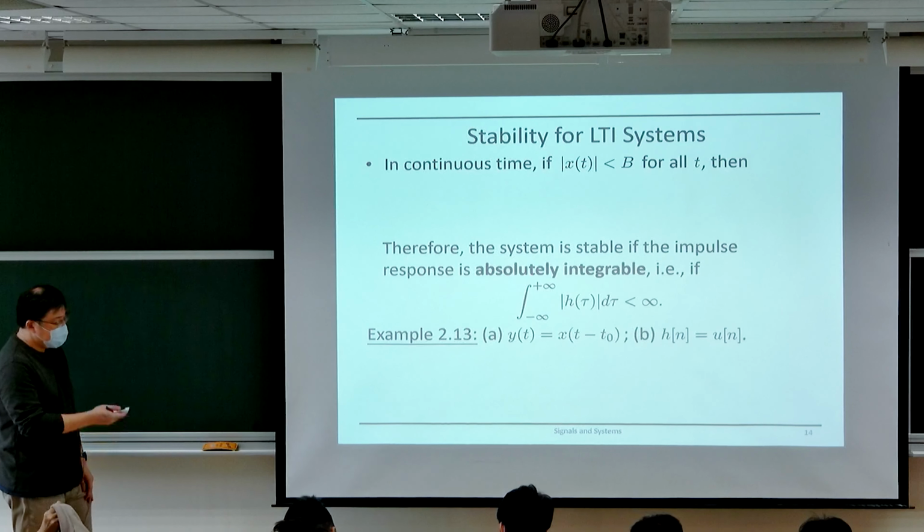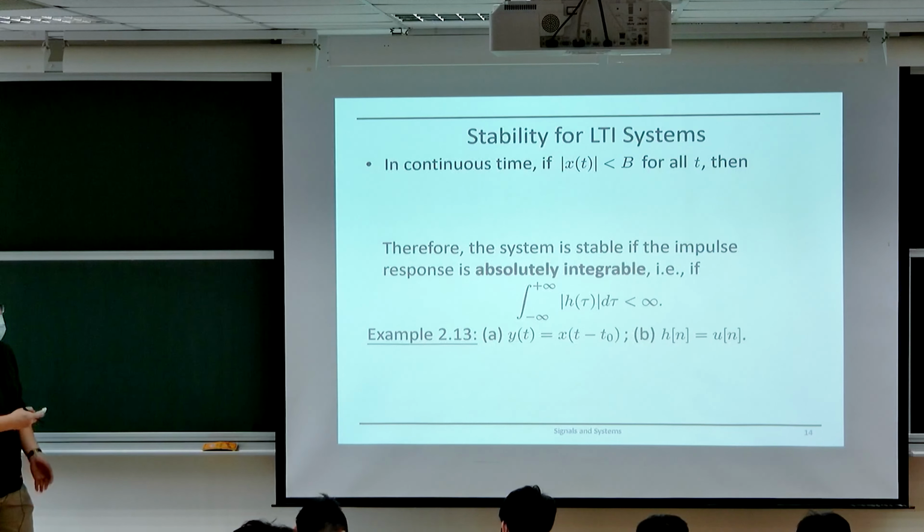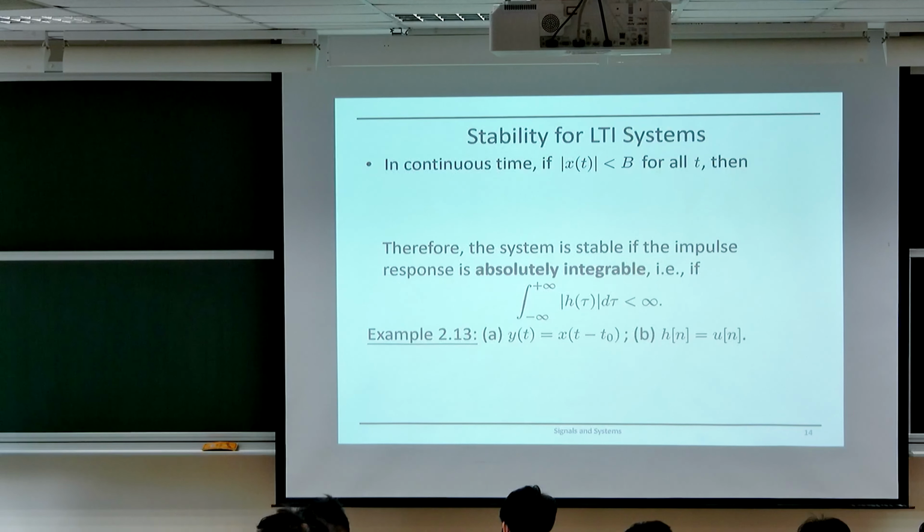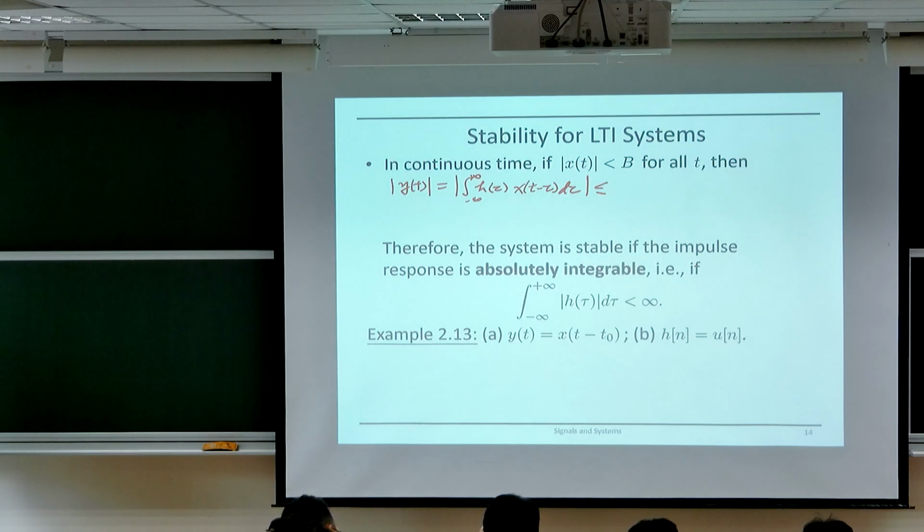Similarly in continuous time, you start out by taking a signal x(t) that is bounded for all t, and then the absolute value of the output y(t), which is the absolute value of the integral of h(tau) x(t minus tau) d tau, is less or equal to the integral of the absolute value of the function inside.